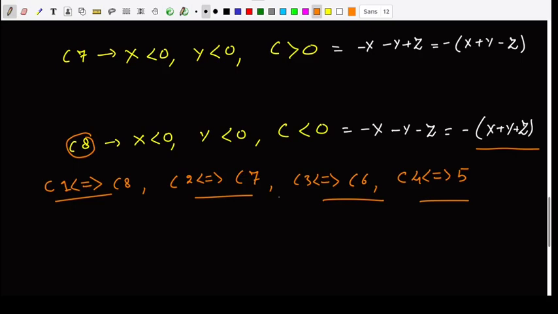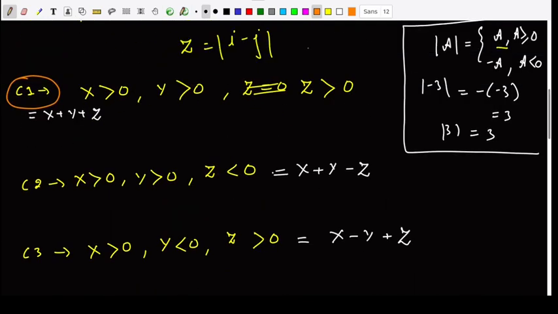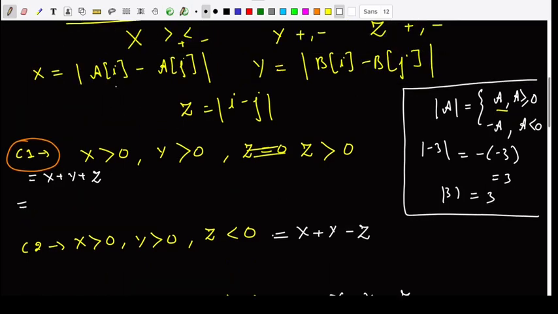Okay, so let us revisit this where we are saying that case 1 and case 8 are the same. To understand this, let us expand case 1 a bit further. So case 1 is basically x plus y plus z, and x, as we know, is ai minus aj. So let us use it, ai minus aj.